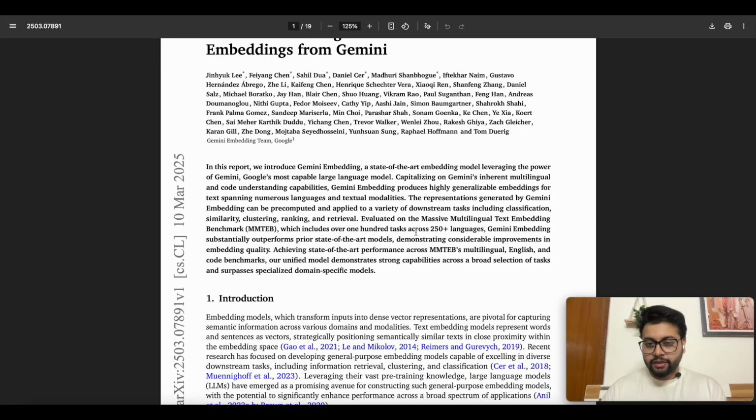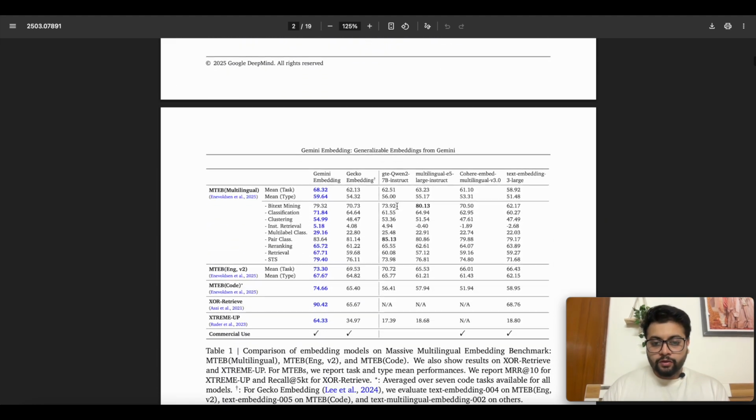So what they are mentioning is that these embedding models, which they are calling Gemini embedding models, are trained on the Gemini large language model architecture, and they understand multilingual text modalities and languages. So they have the capability to understand text given in different languages, and they can perform semantic analysis or multiple other things through that. And you can go through the paper.